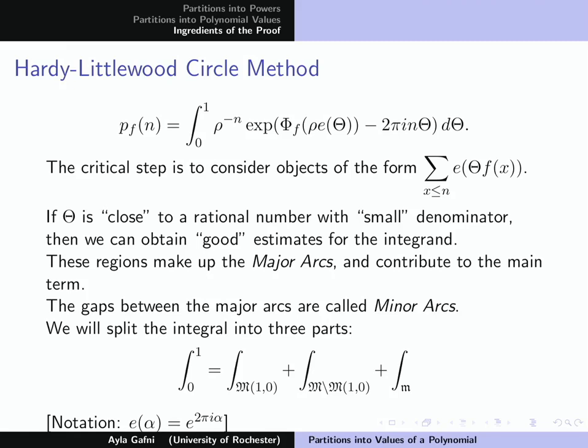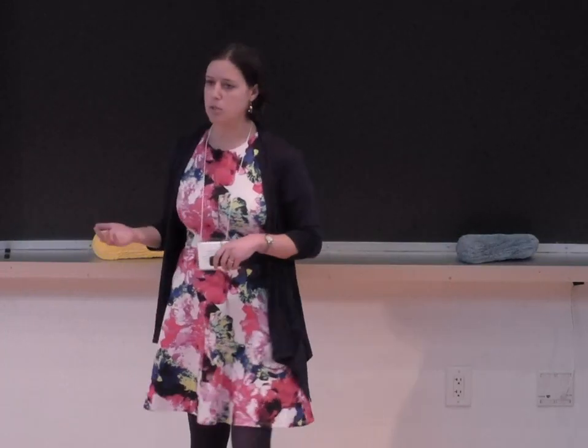And all of the other major arcs I just bound and put into the error term. I still use the estimates that I would otherwise use on these exponential sums, the way you would traditionally handle major arcs. But then I just say, okay, well, that is smaller than what I needed it to be, and so I'm just going to put it into the error term. And the minor arcs I treat the way you would traditionally treat minor arcs, and they're also error terms.